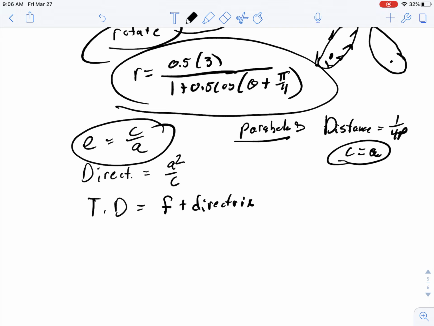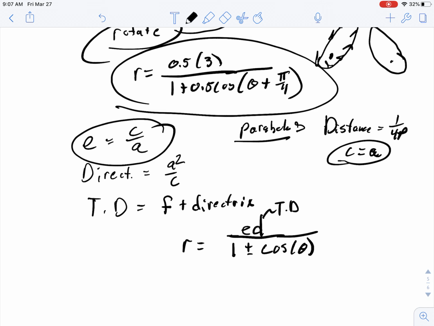Okay, and once you have that down, all you have to do is remember your eccentricity times your total distance, over 1 plus or minus, depending on which trig function you want to use. If you want to go around the x-axis or the y-axis, you go sine for around the y, cosine around the x.